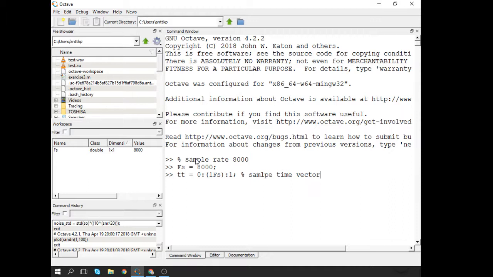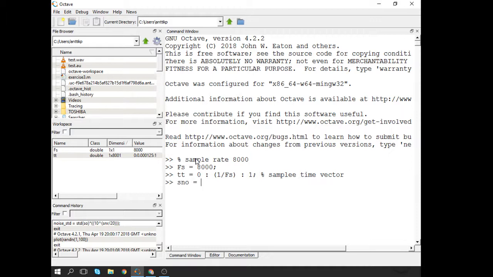Yes. Okay, that's the whole thing. Good. So those are the samples, and then the signal itself.